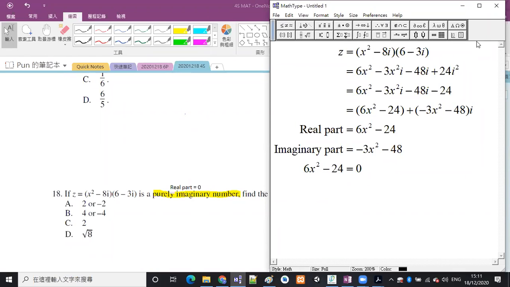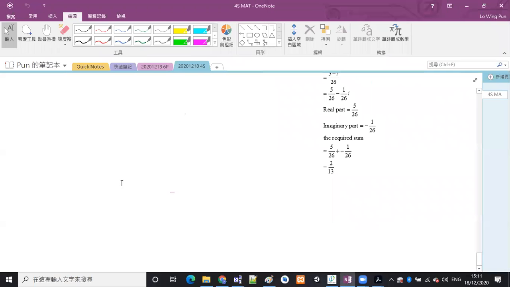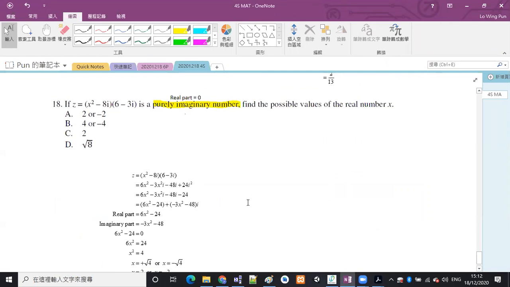You have got a quadratic equation, your favorite type of equation. 6x squared is equal to 24. x squared is equal to 4. Don't forget to put a plus or minus. So we have positive square root or negative square root, and of course the answer will be 2 or -2. So the answer is option A.